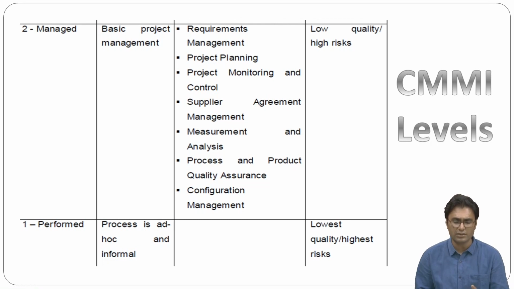Then at last we have configuration management, and in the result column you can see low quality or high risk. Then for level 1, which is performed, in the focus column we can see the process is ad hoc and informal. Then in the result column we can see lowest quality or highest risk.